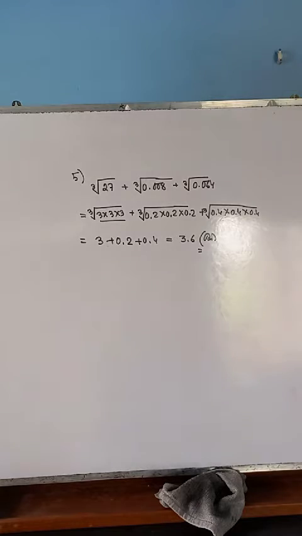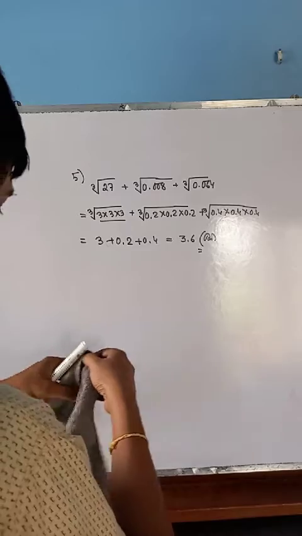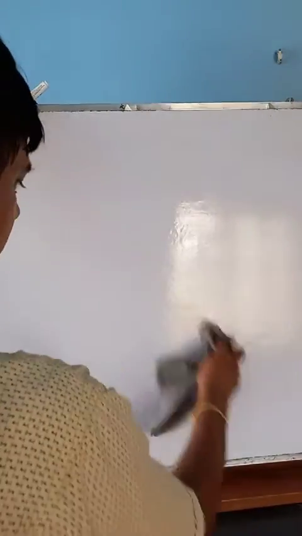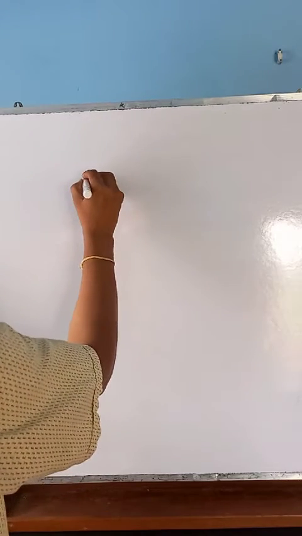Last one, question number 6. What does question number 6 ask? If the number is 6561, multiply this number by what number so that the product is a perfect cube?